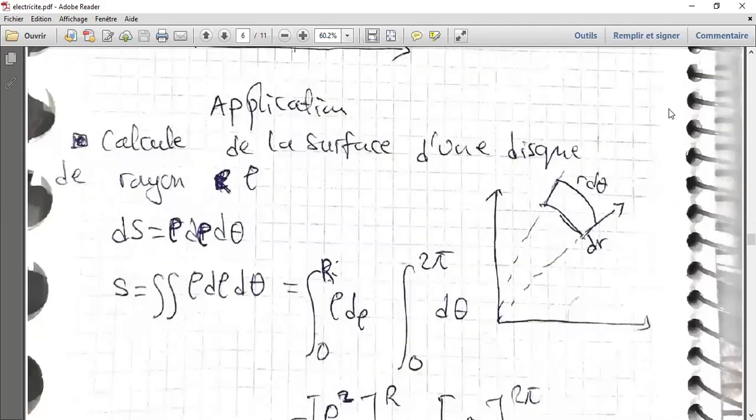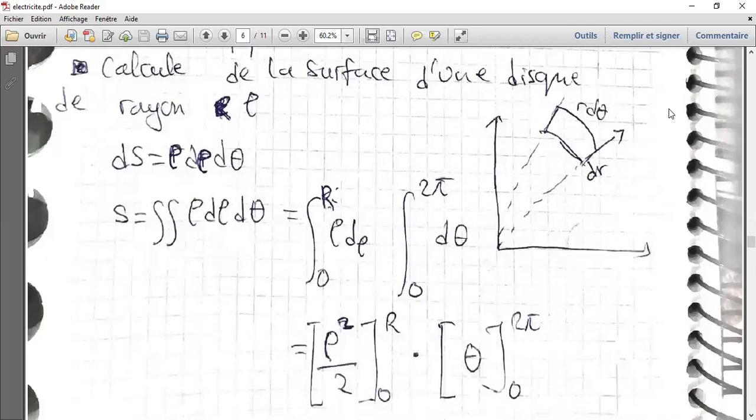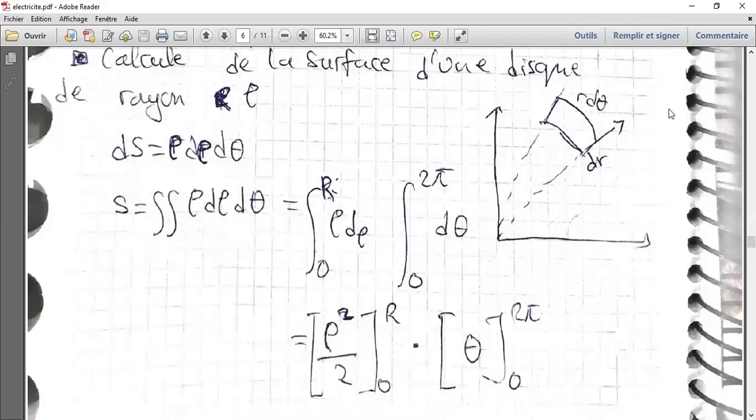Here we're integrating: if you look at this formula, we're saying rho, d rho, then d theta. Is that arrangement the same as the first one we had, d rho, then rho d theta? Yes, it's the same.